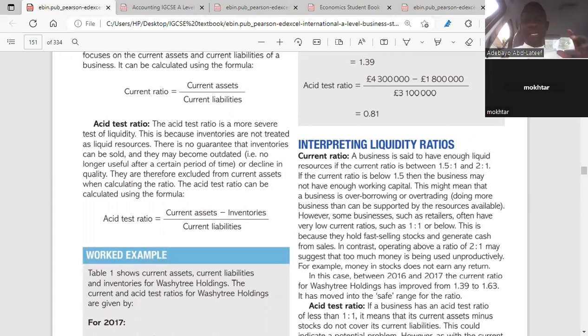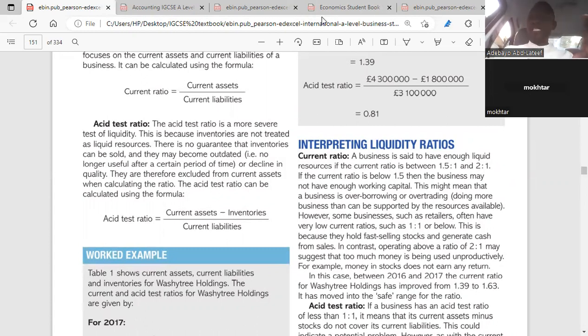What I'm saying is, if your ratio is between 1.5 to 1 and 2 to 1, it means the company has the ability to pay up its debt within a short period of time.